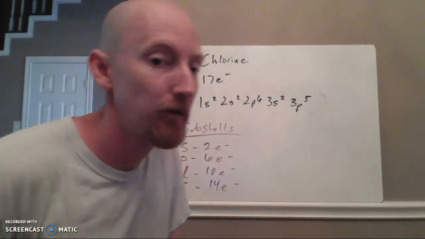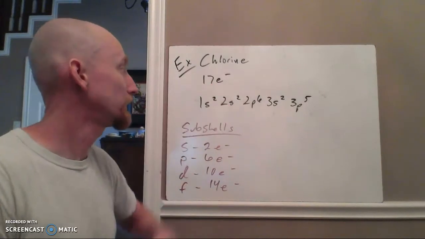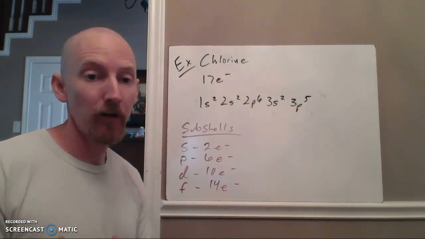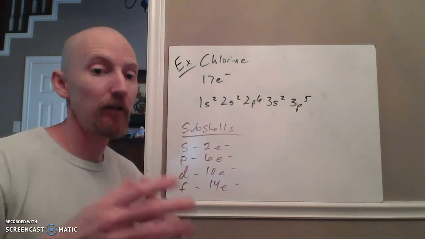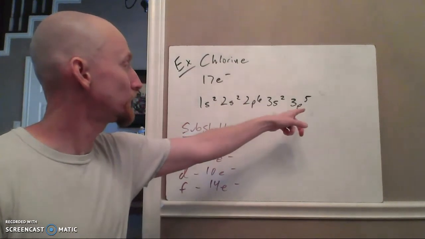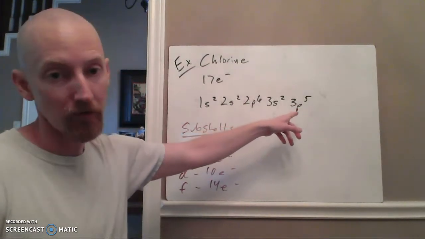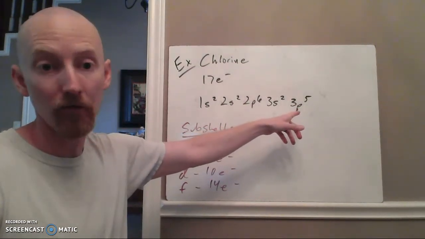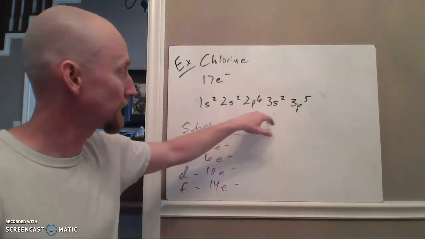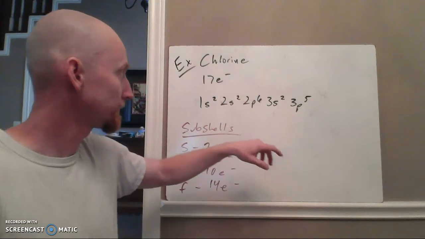Alright, so chlorine has 17 electrons. Each electron has a specific place where it is and what it's doing. Now, for chlorine, these are all the different shells and all the different subshells and all of the electrons. Chlorine is 1s2, 2s2, 2p6, 3s2, 3p5.